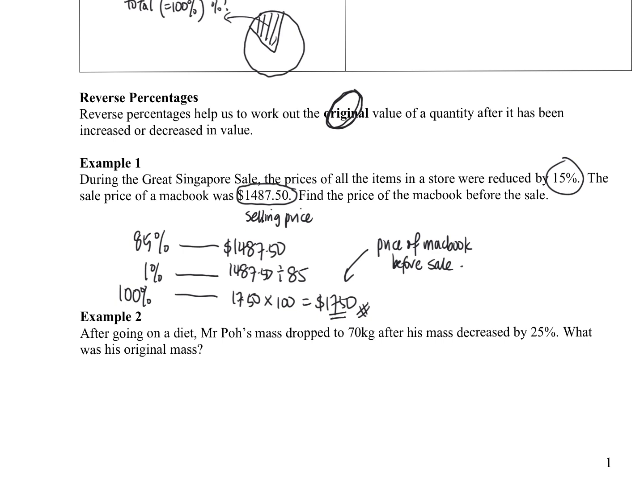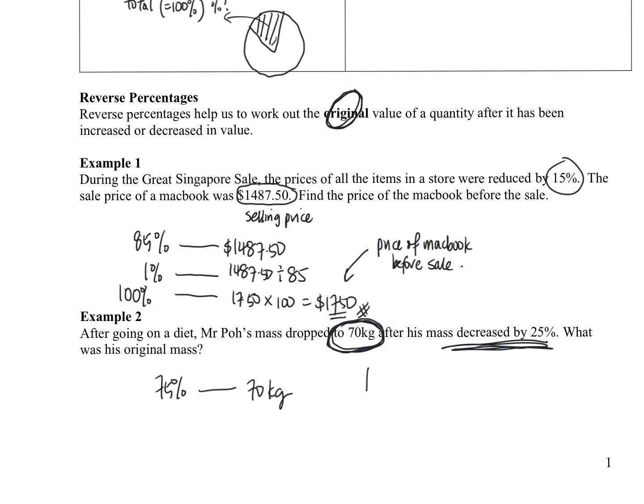Okay, let's try this. After going on a diet, Mr. Po's mass dropped to 70 kg after his mass decreased by 25%. So this 70 kg represents what? His weight. How many percent is that? 75. So that means I have already lost that 25% and that mass is 70 kg. So it's telling me that 75% is 70 kg.